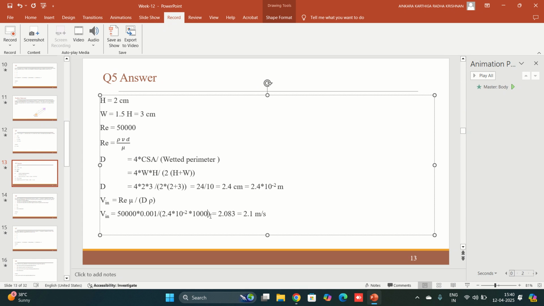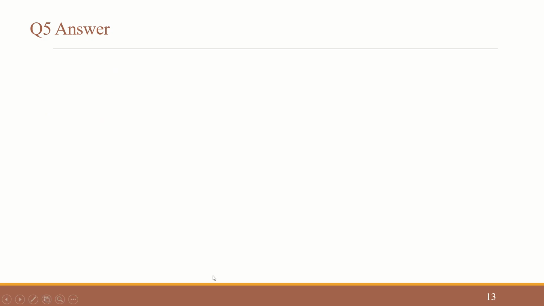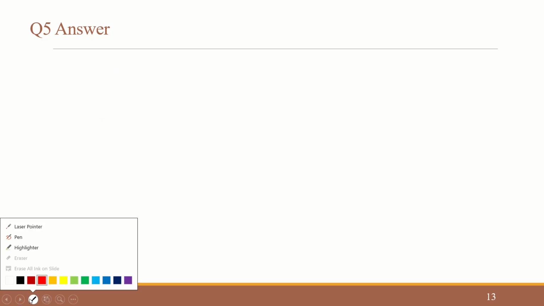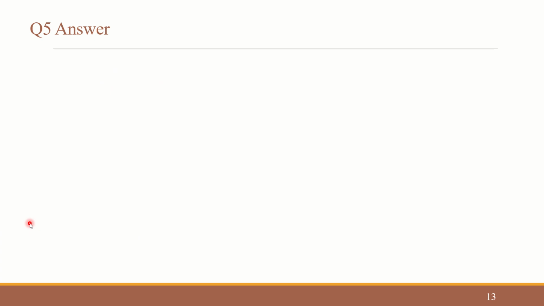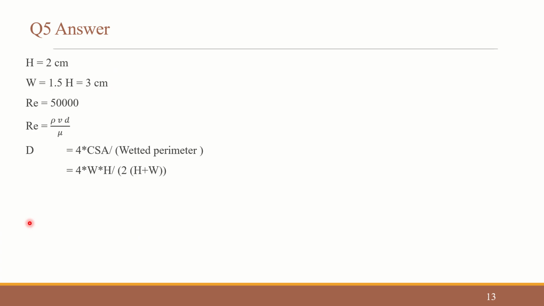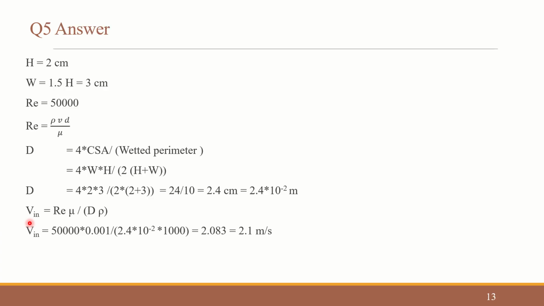So roughly rounding off, we will get it as 2.1 meter per second. So that is how we are getting the value as 2.1 meter per second. I hope you are clear now.